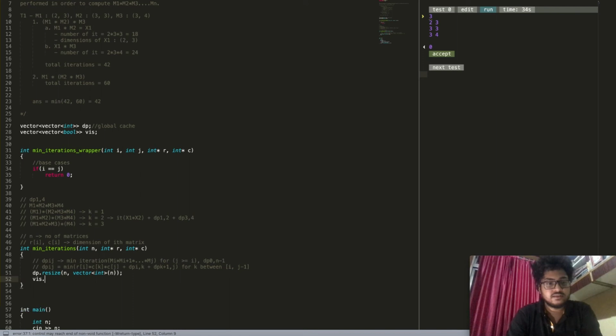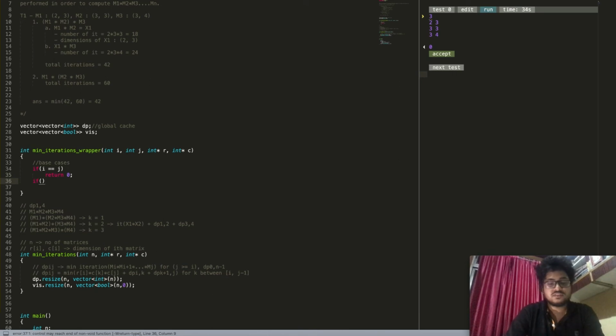For initializing the array VIS, we initialize it in the same way with vector bool n comma 0. This would enable me to initialize this entire visited array with 0, which just means that initially none of the states has been solved. Alright, now let's continue with the wrapper function.